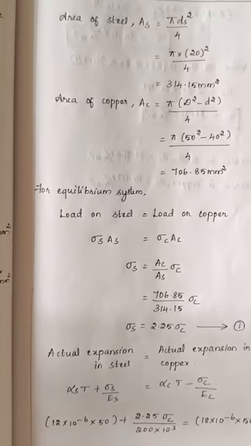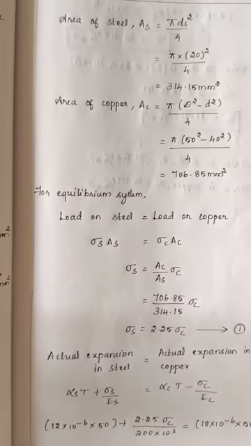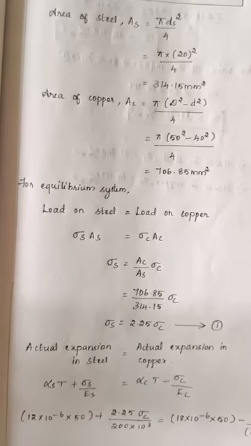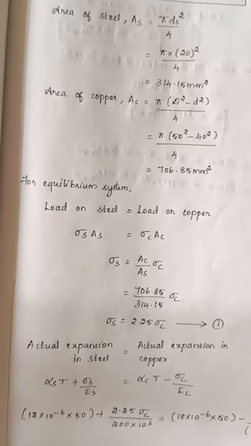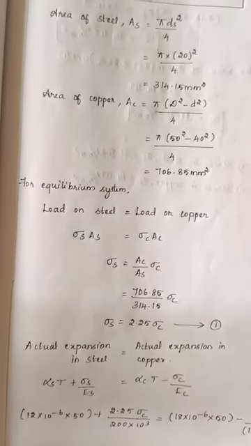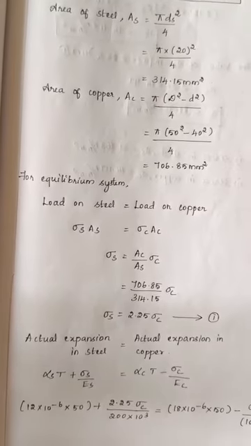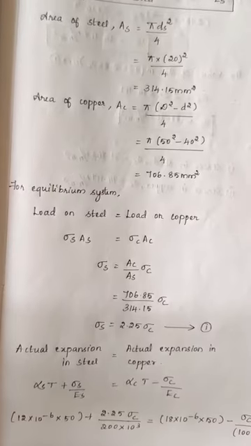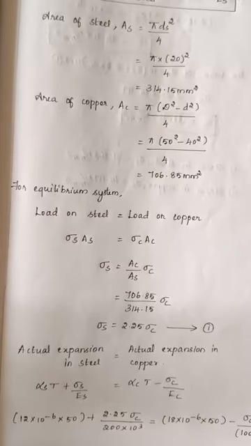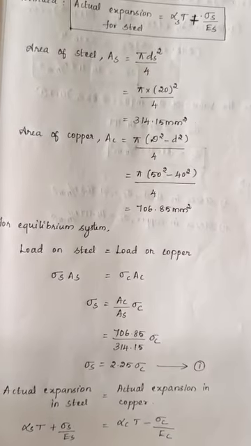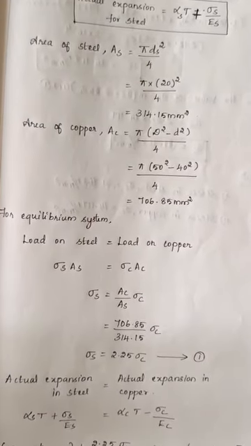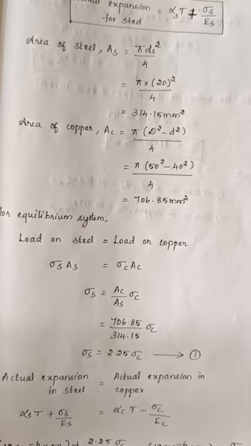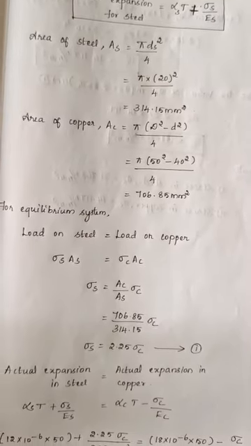Therefore, load on steel equals stress sigma S into As. Load on copper equals sigma C into Ac. From that, sigma S is equal to Ac by As into sigma C. Ac and As values are already found. Substitute those values and we get sigma S is equal to 2.25 sigma C as equation 1.